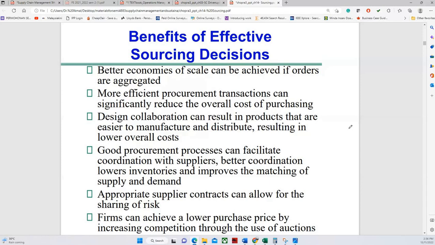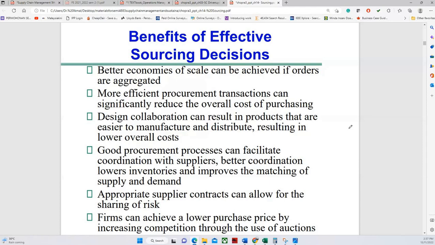And then number two, more efficient procurement transactions can significantly reduce the overall cost of purchasing. You may have a set of systems of doing a transaction. You have this kind of experience. Let's say, for example, you have experience of outsourcing, maybe you use Siemens software for MRP, Materials Resources Planning, or Siemens ERP system, Enterprise Resources Planning.